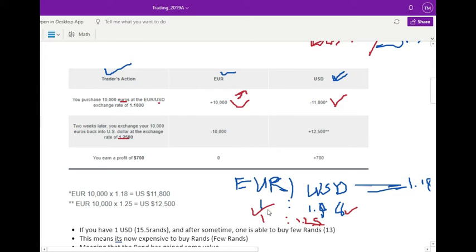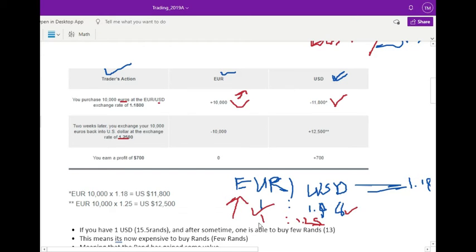At first it was 1 is to 1.18, which means the value of the euro has gained. It has increased in value, right?